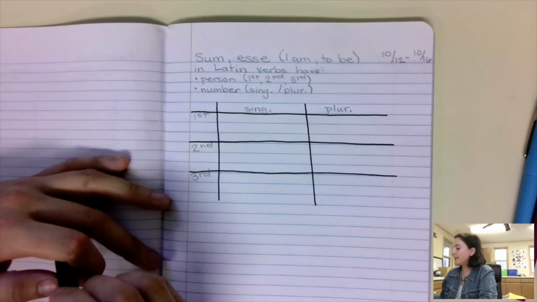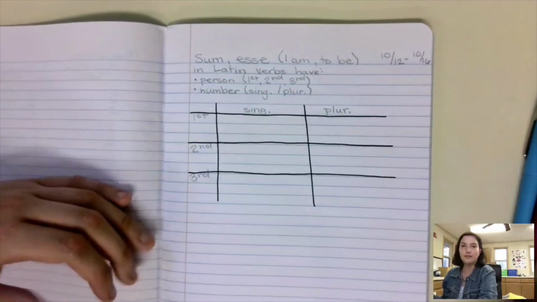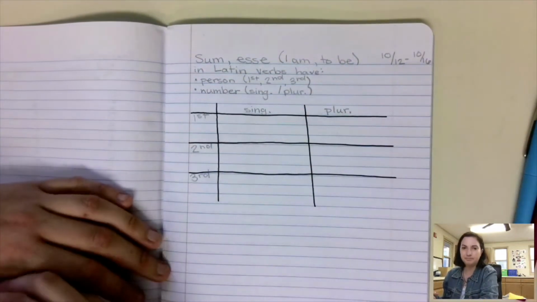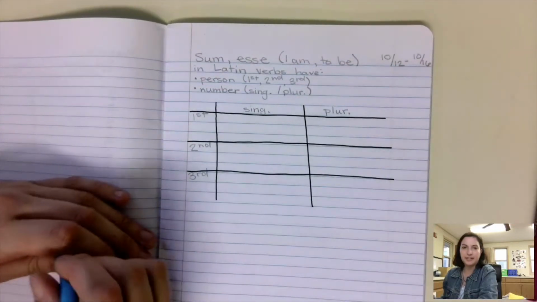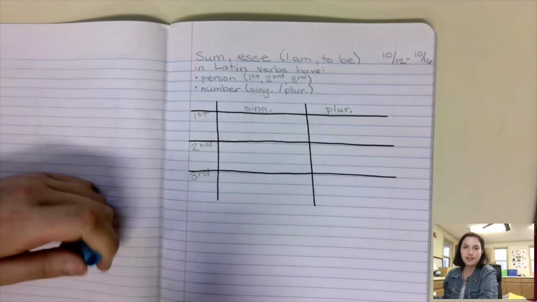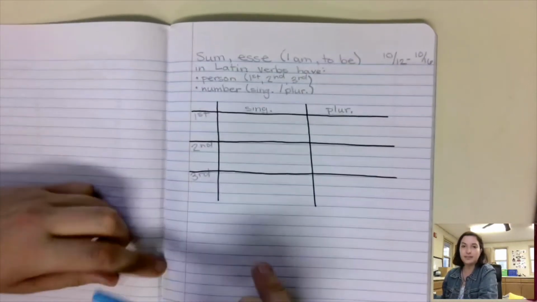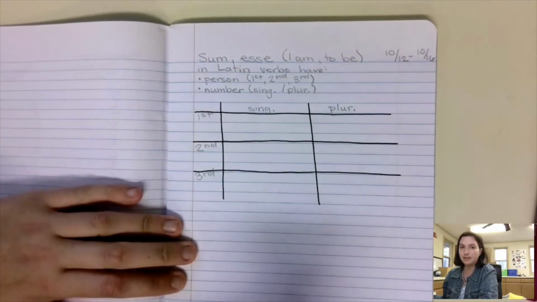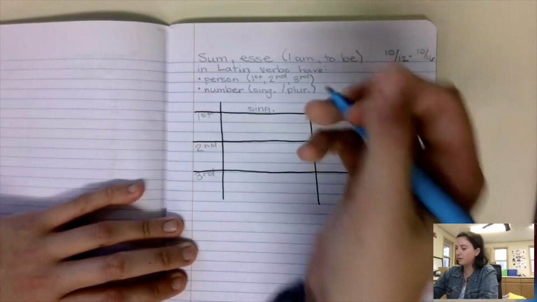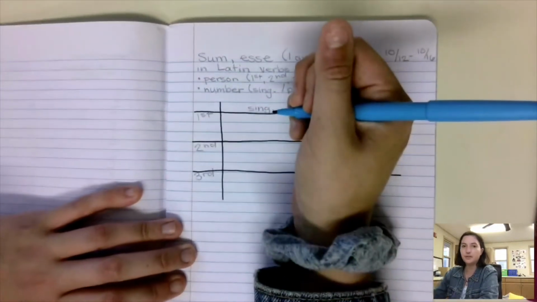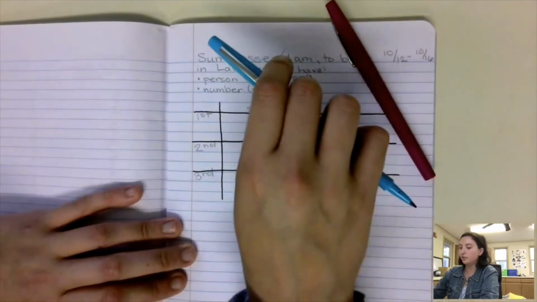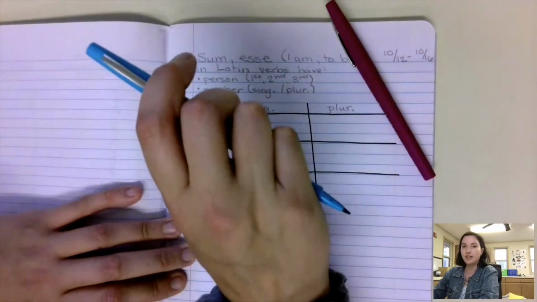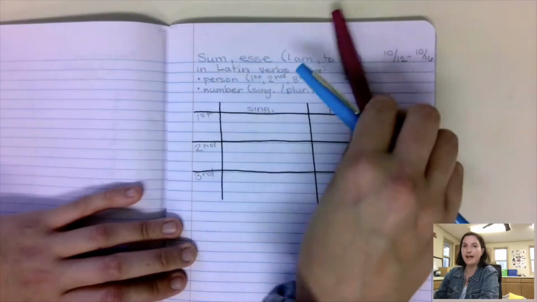And the verb we're using today, the verb I am or to be, is also somewhat irregular in English, and so you can see how this verb is conjugated in English as well. Let's do that first. I'm going to start with one color of pen. If you have two colors of pens, it might be nice to write in the English definition in one color and then the Latin in another color.